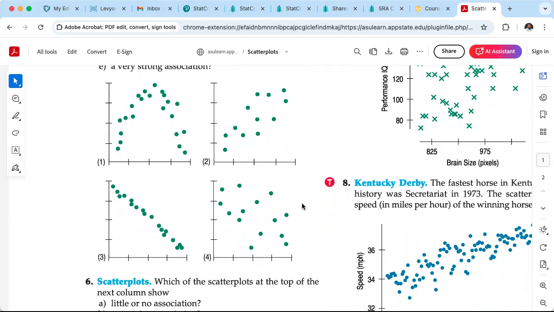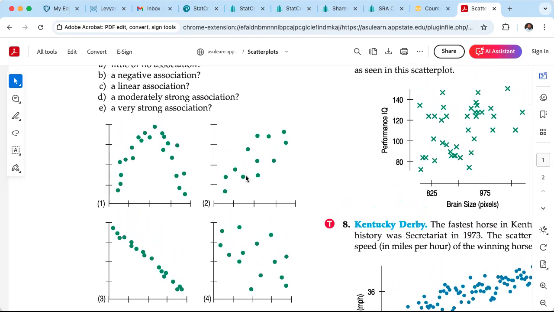Is that okay? 3 is strongly negative. 4 is negative, weak. Does that make sense? But the question is negative association. It doesn't matter whether it's strong or moderate or weak. Does that make sense? The next one is linear association.